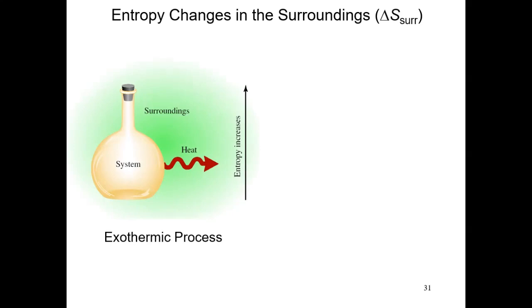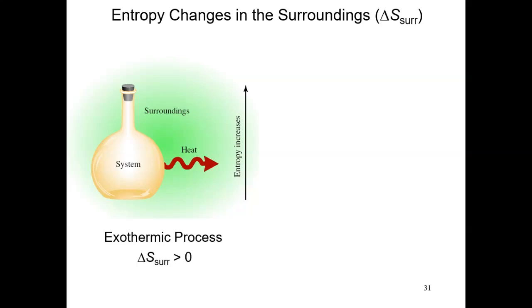Remember, exothermic means that heat is transferred from the system to the surroundings. You would expect that if the temperature of the surroundings is going to be increased by the presence of more energy, more kinetic energy in the particles, their entropy should also increase. So therefore, entropy of the surroundings will increase when you have an exothermic process.